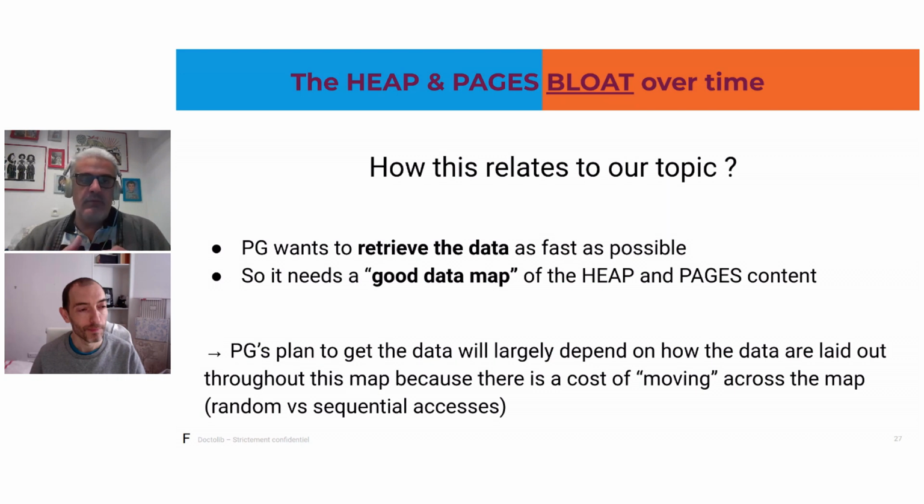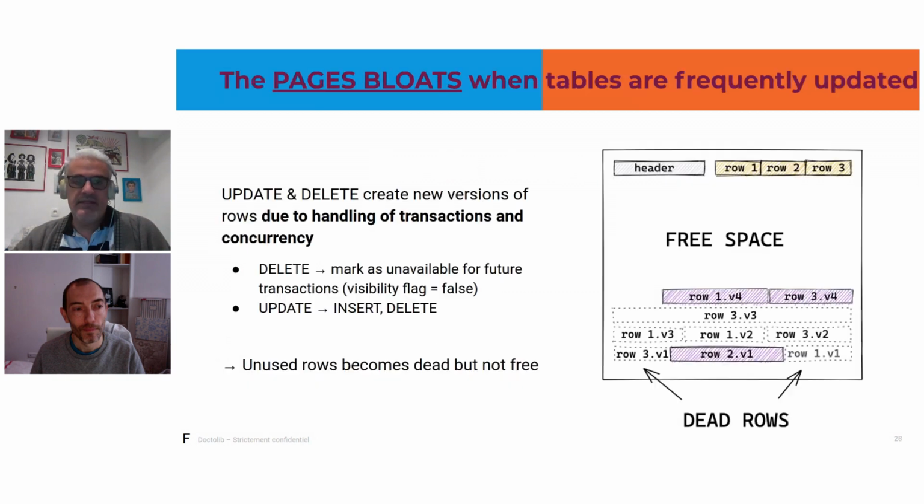And when we read pages sequentially, it has a cost. And when we do that randomly, it has another cost. It all depends on how fast your disks are, if the data is distributed on disk or in RAM. So there's a lot of importance on knowing how the data is distributed. That's why we need a map to show us where the data is.